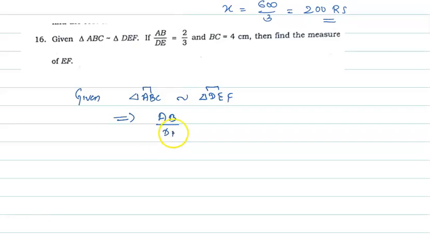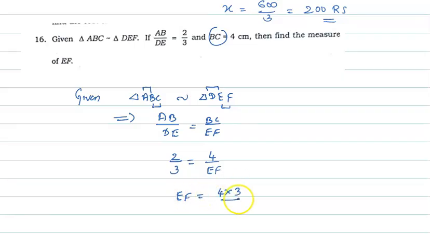Therefore AB by DE is equal to BC divided by the second side, third vertex, that is nothing but EF. AB by DE we know is 2 by 3, BC is given as 4, EF we have to find. So cross multiplying, EF is equal to 4 into 3 divided by 2, that is 12 divided by 2, it is nothing but 6 centimeters, and these are the solutions for the 1 mark questions, that is MCQ and also 1 mark questions.